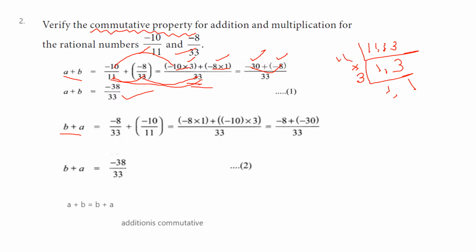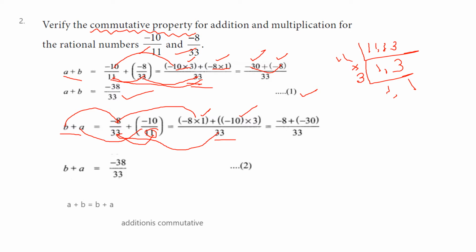So take this as the first equation. Second one, b plus a equal to, so write the b value and a value. 33 and 11 also we will get the same LCM 33. First write minus 8; 33 in 33, 1 time, so write into 1, plus 33 in 11, 3 times, so minus 10 into 3.